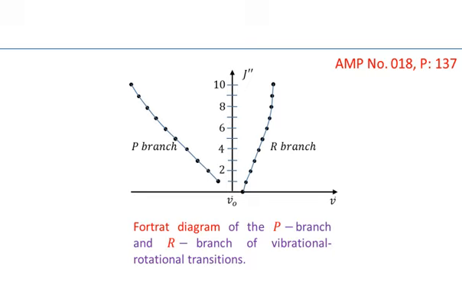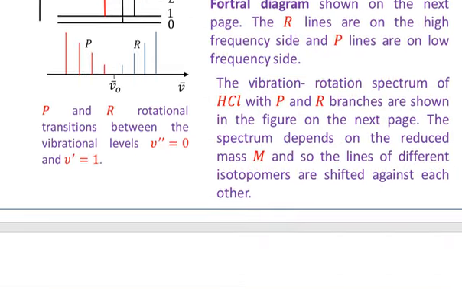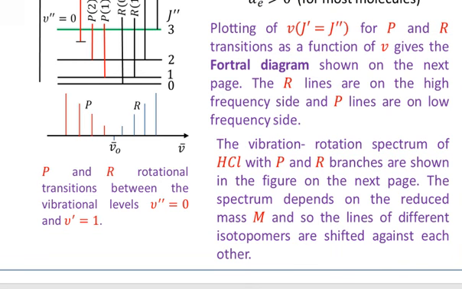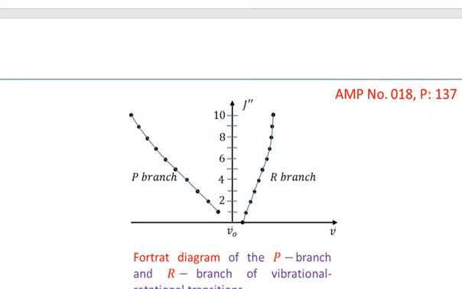So this is called the Fortrat diagram. The R lines are on the higher frequency side and the P lines are on the low frequency side. In this Fortrat diagram, I am plotting actually the frequencies, not the wave numbers. So these ν_0 and ν are the frequencies.